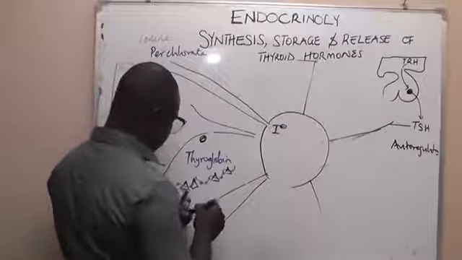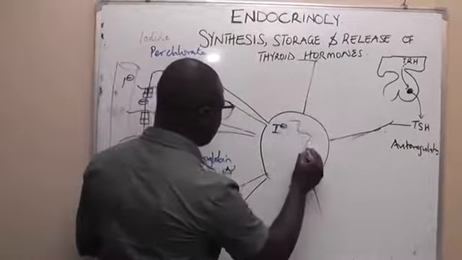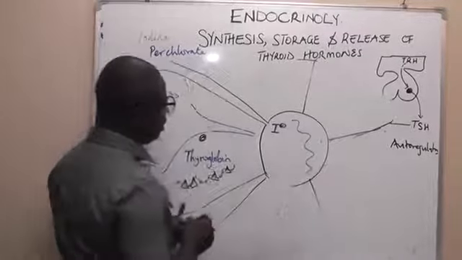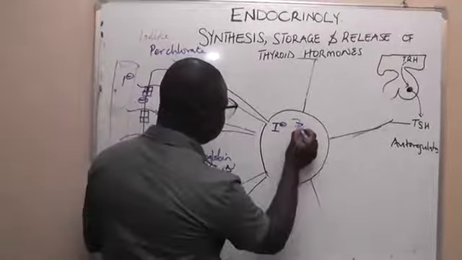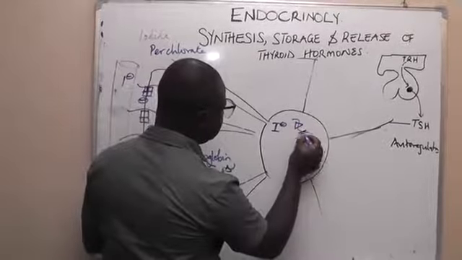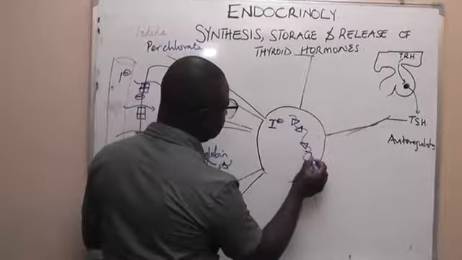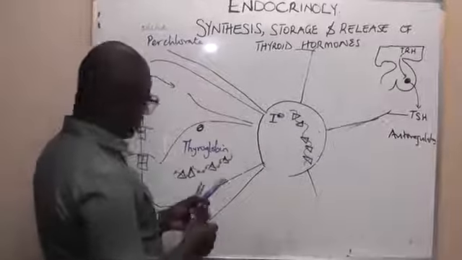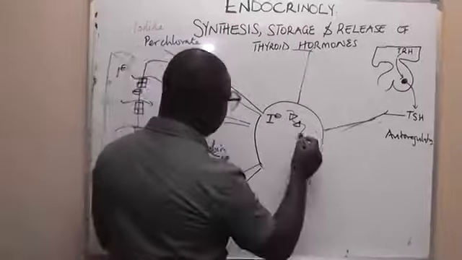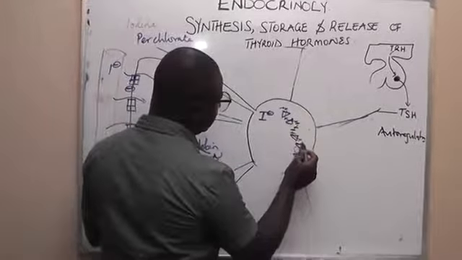Let's assume this is our thyroglobulin, and then this is tyrosine, and let's say tyrosine. Remember, you have other forms of amino acid which are not important for us at this level.